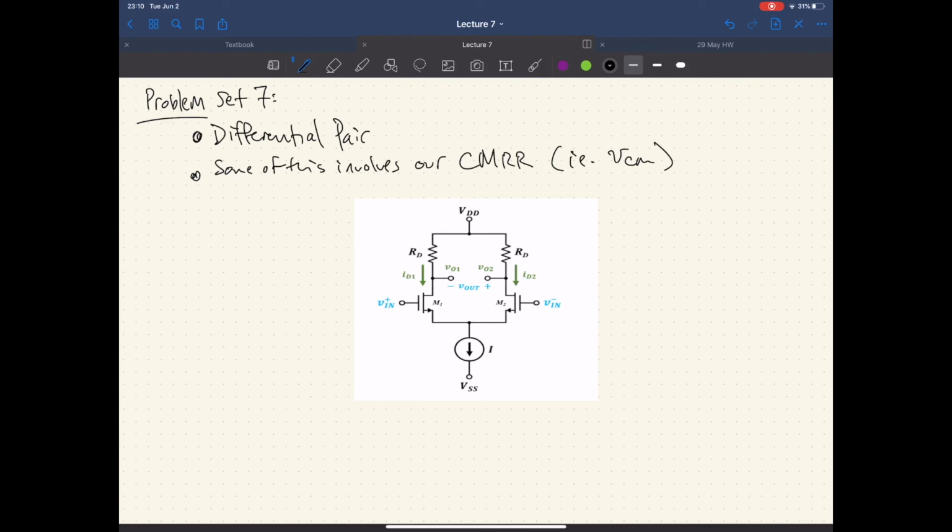And the rest of it is actually working, again, like we did at the beginning of this lecture, from this simple differential pair, this differential amplifier, and then building it into something more robust. So that's what that's all about.